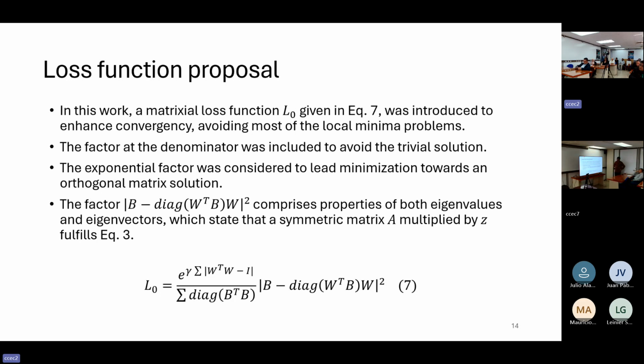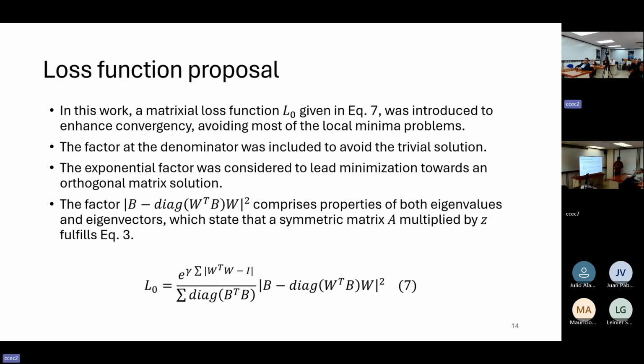There are some considerations in order to avoid most of the local minima problems. We have some interesting expressions in this equation. The first one, in the denominator of the quotient, is a term included to avoid the trivial solution, because sometimes minimization leads to the zero solution.